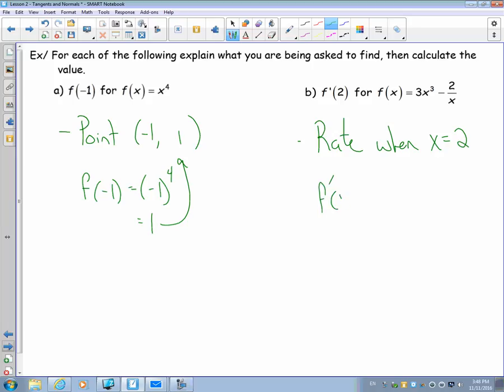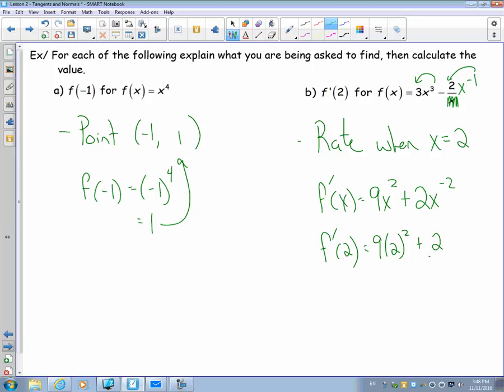So f prime at x, 3 times 3 makes 9, x, subtract 1 from the exponent. Be careful here, we don't like this divide by x thing, right? So let's fix it. Bring it up to the top. A negative exponent, and negative times a negative makes a positive 2, and x to the -2. Let's find our value now. F prime at 2 will give us 9 times 2 squared plus 2.